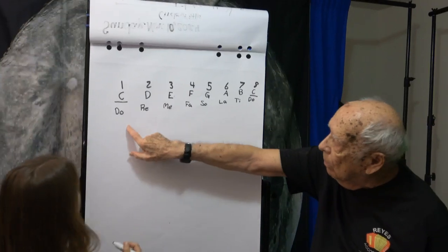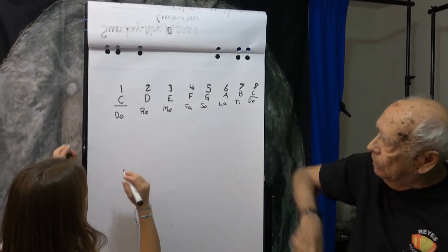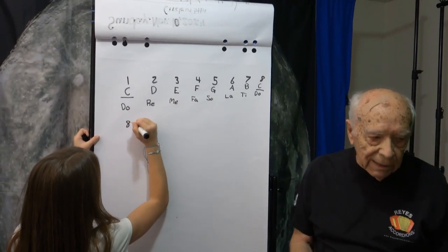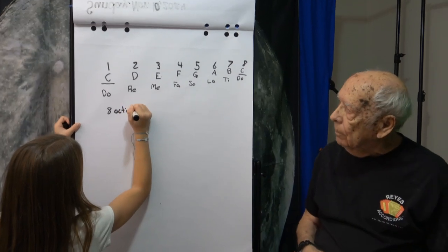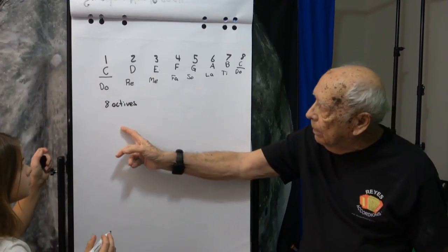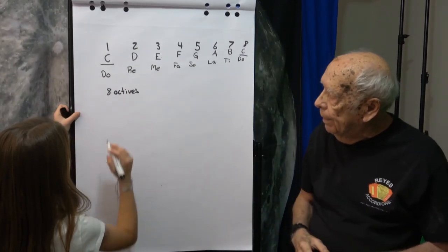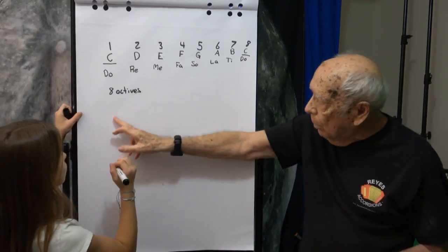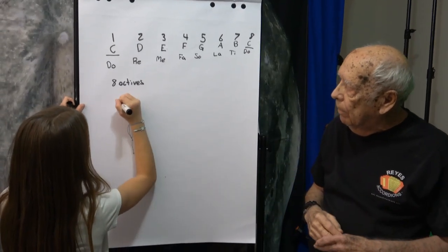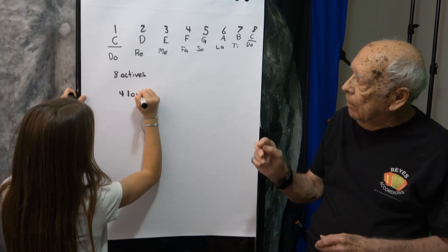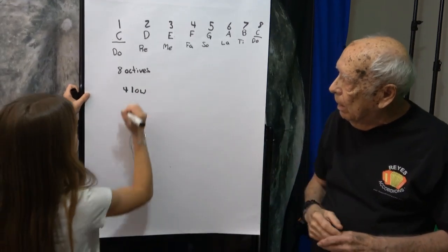So on the piano now, write down 8 octaves. You have 8 of these. So write down 4 low, just 4 low, L-O-W, and 4 high.